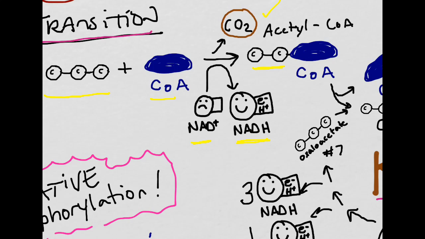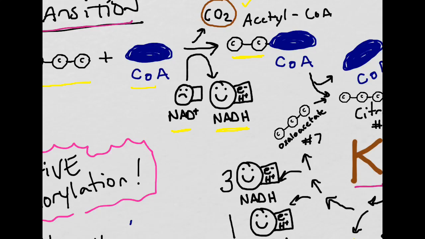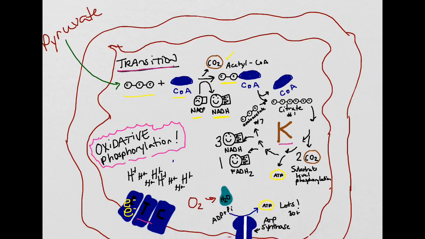Acetyl-CoA's job is to, we zoom this way, we can see that acetyl-CoA is going into the Krebs cycle. Okay, that's what my big letter K is over here. Okay, so let's follow acetyl-CoA.